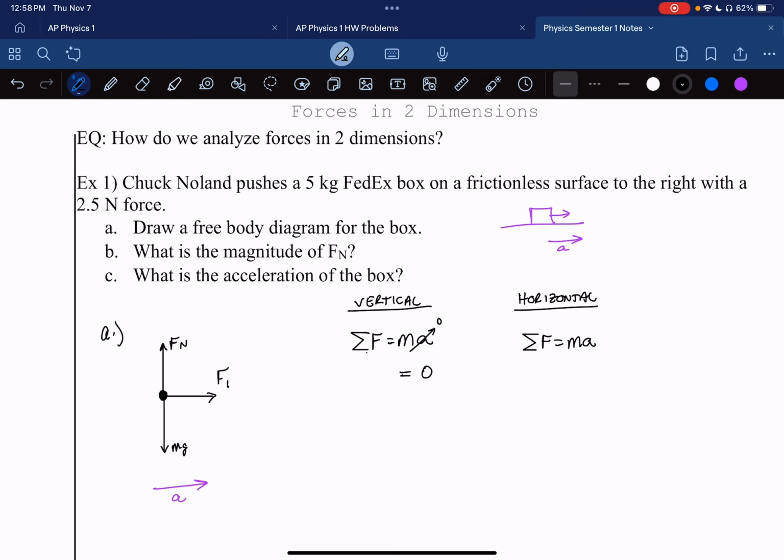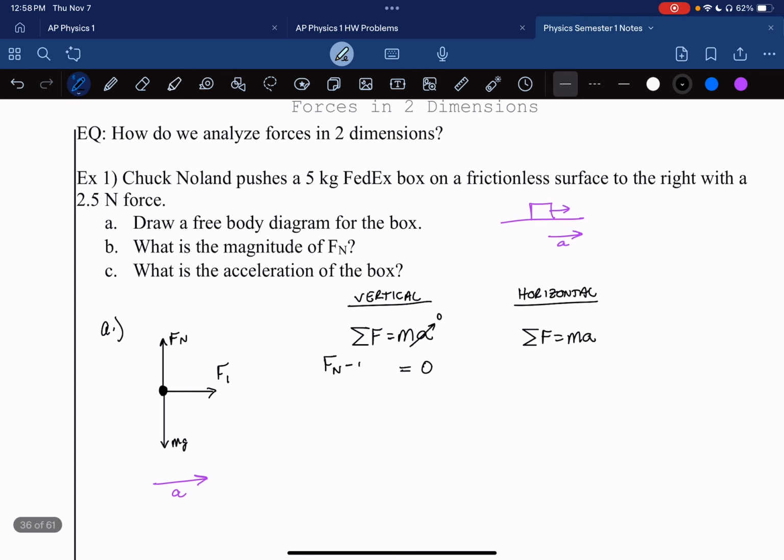And now we need to put in our vertical forces. Since the acceleration is 0, it doesn't matter which one goes first. So I'm going to put Fn, and I'm going to subtract mg because they're in opposite directions. So I'm going to leave it right there for now. We're going to finish this up later. Horizontally, I look at the free body diagram.